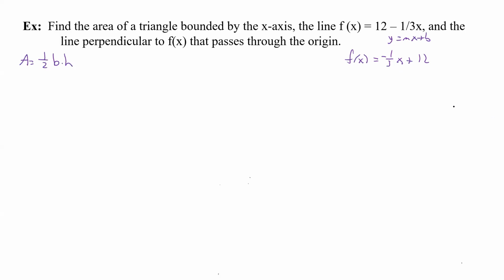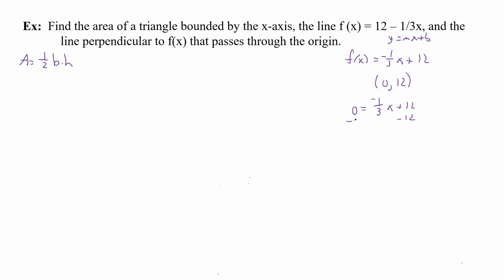Well, that's going to be when y is equal to 0. So here we have one point, (0, 12). That's going to be where it hits the y-axis. And now what we want to find out is when is 0 equal to negative 1/3 x plus 12. Because just to get a picture, we need to know all the points to draw and everything.